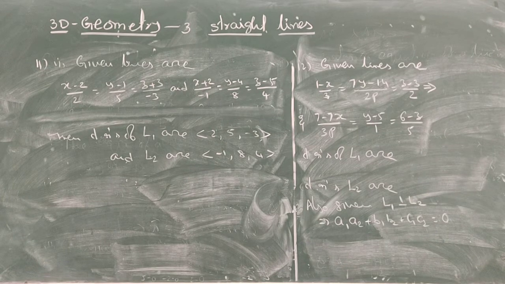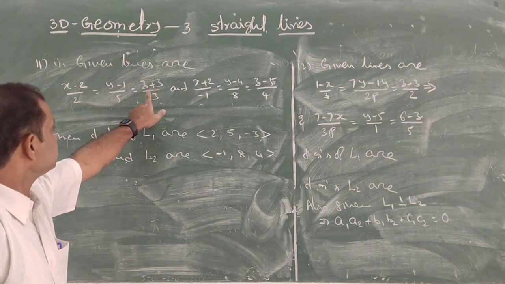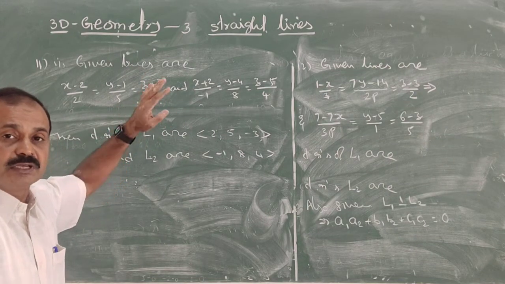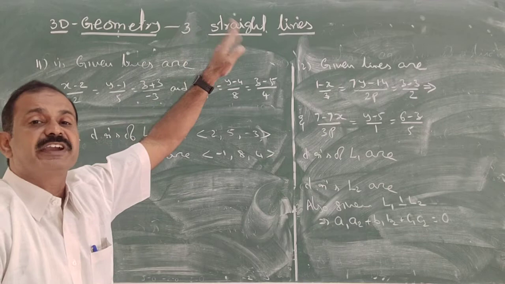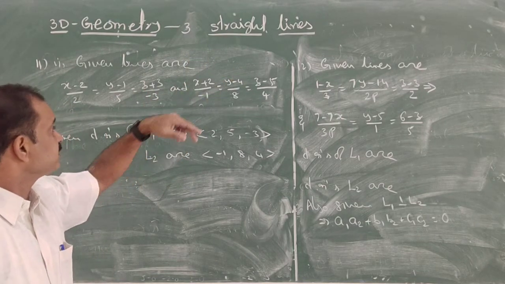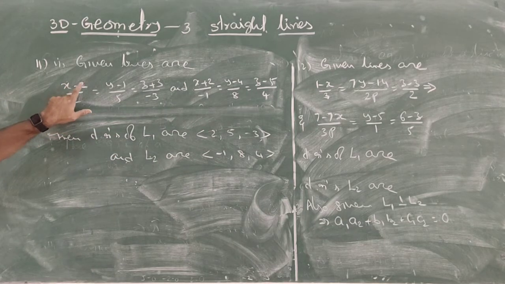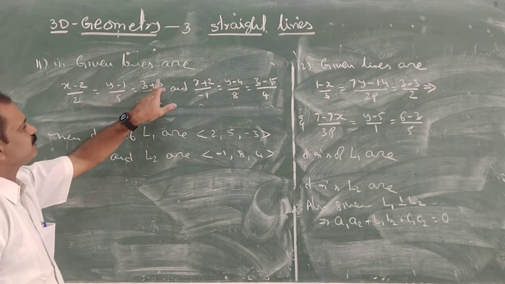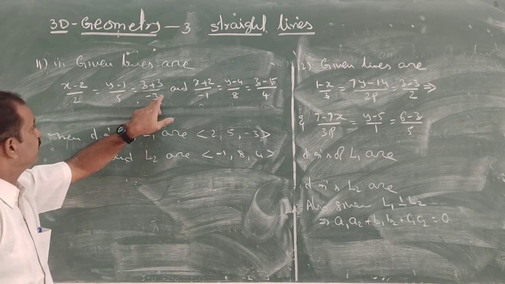Now see the 11th one. Equations are given in Cartesian form. The previous problem was in vector form, now it is in Cartesian form. When it is in Cartesian form, (x − x1)/a1 = (y − y1)/b1 = (z − z1)/c1.